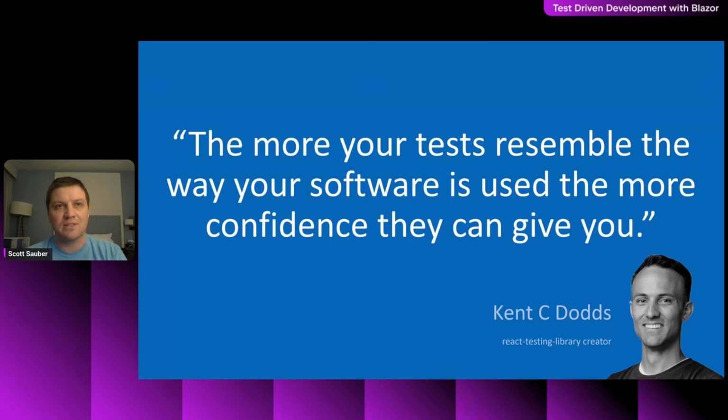Part of what Kent's saying there is if your tests are more focused on how your users use your application, then they're abstracted away from those implementation details, like I mentioned. In general, this is one of the key guiding principles of writing front-end tests, in my opinion. If I could give people one quote, or one sentence, this would probably be it.